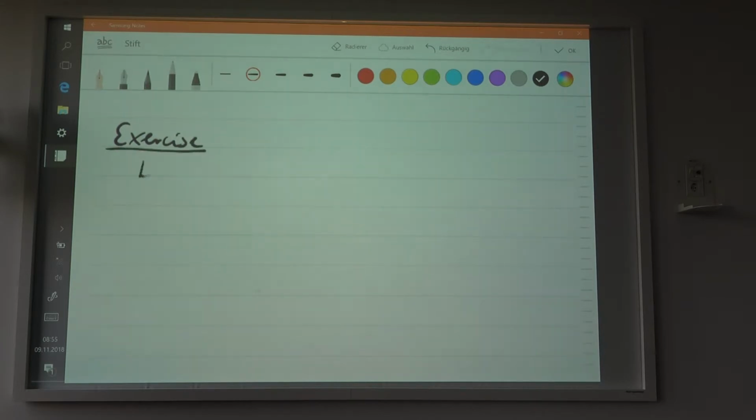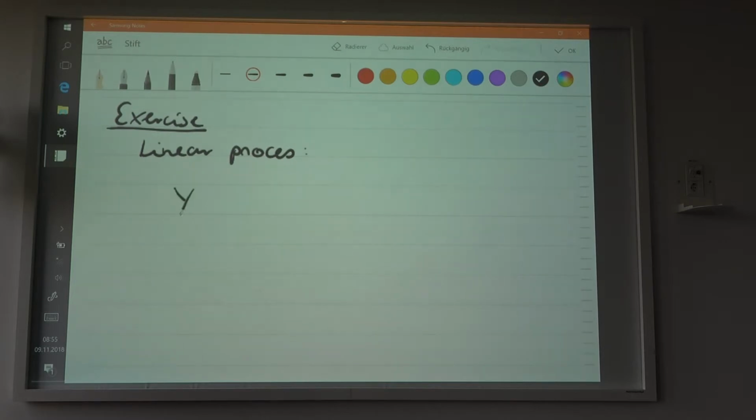So what is a linear process? A linear process is basically a process that can be written as follows. Here you have a constant, plus a sum, which is not finite, and then you have some coefficients times a white noise.